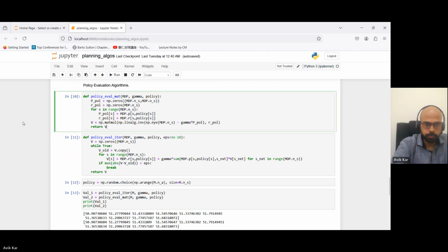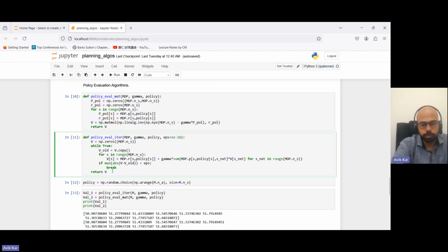And there is one iterative policy evaluation method which is based on the value iteration algorithm, where you do not take max over all actions. Instead of taking max, you just fix your action to be the action which is being prescribed by the policy itself.